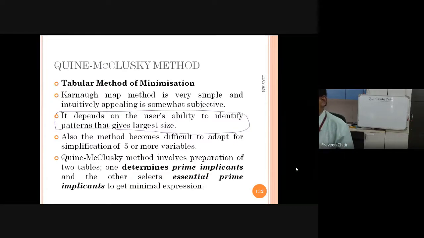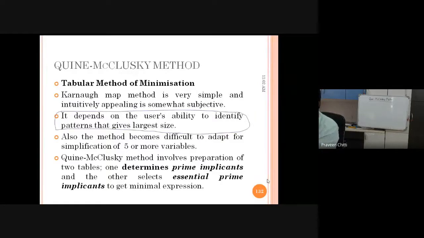In the last class I explained prime implicants and essential prime implicants. When you use the K-map and form the different groups, every group can be represented by one product term, and that product term is called a prime implicant, which may be essential or non-essential to represent that particular function.